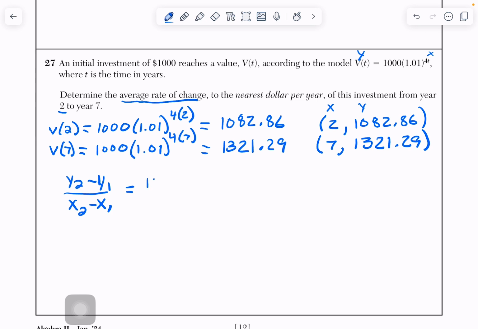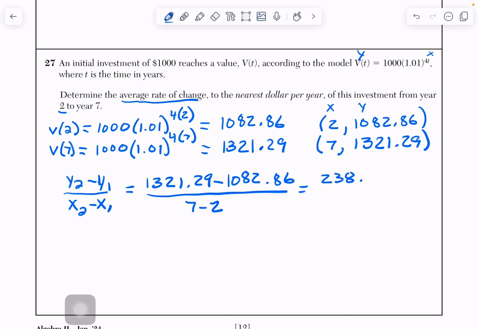So I have 1,321.29 minus 1,082.86, all divided by 7 minus 2. Okay, so if you subtract this, 238.43 over 5, and we get a change of $48. All right.